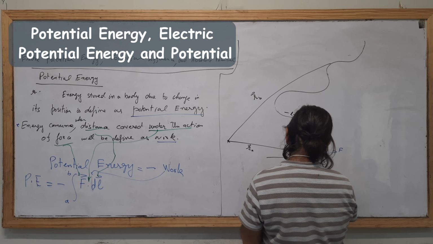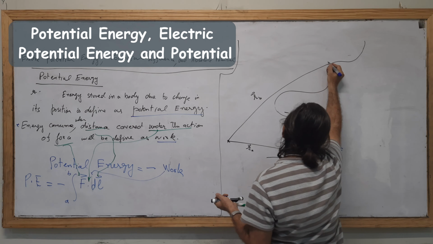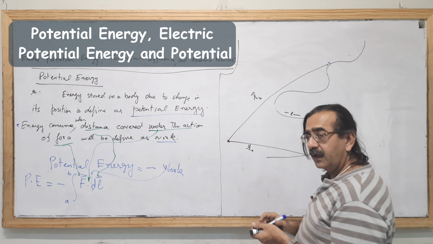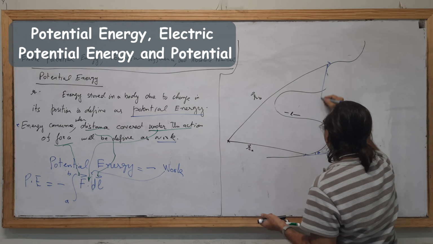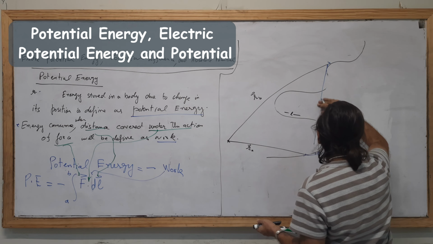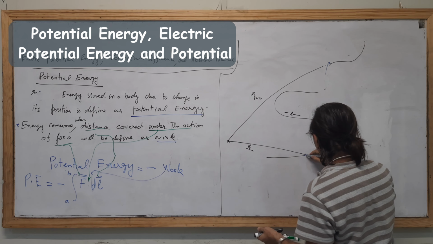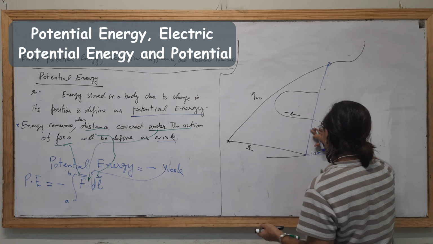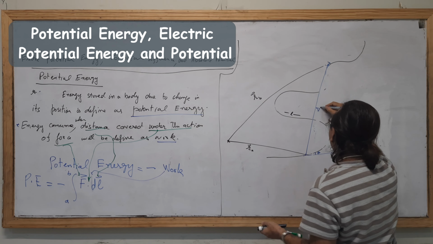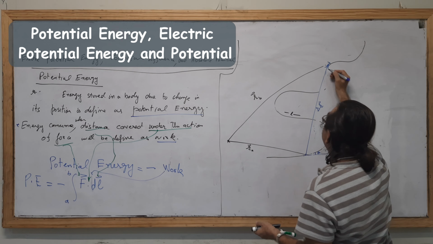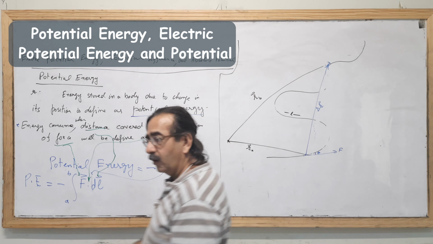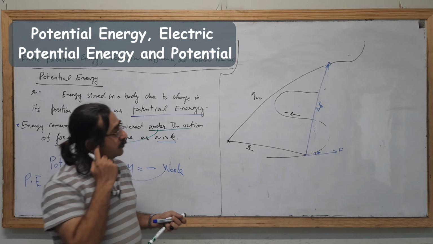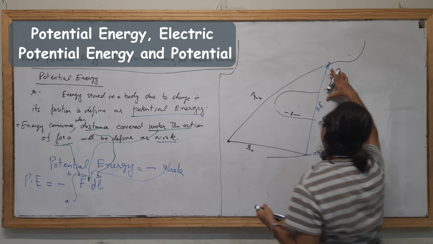If I represent the first position as RA, this will be RB, and this will be the delta R. Why this is delta R, I will prove now. This is L and this will be delta R.